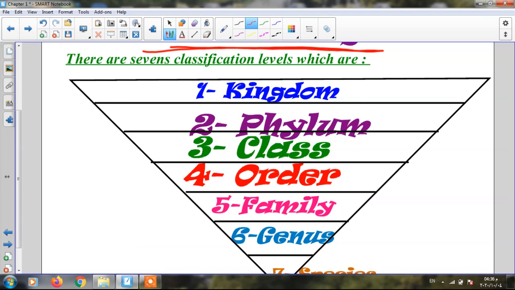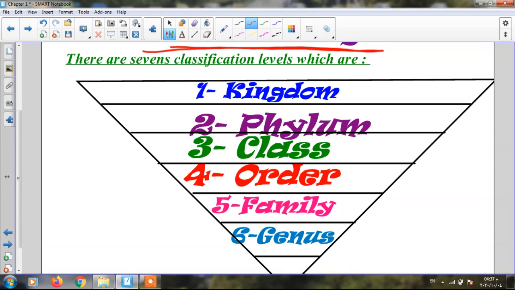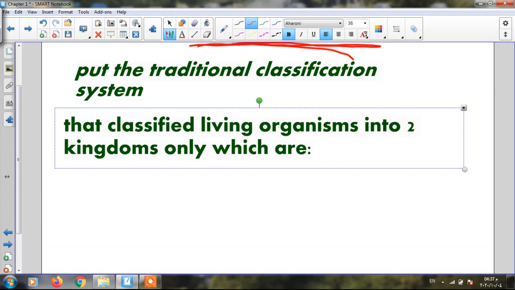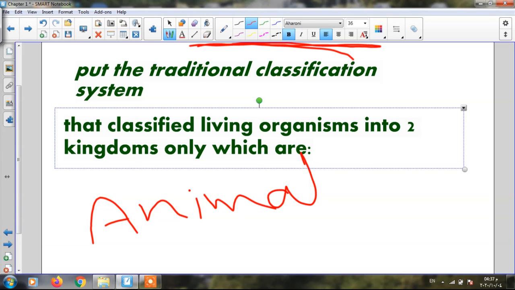From the attempts of scientists to classify living organisms, the attempt of the scientist called Carolus Linnaeus. He put a traditional classification system that classified living organisms into 2 kingdoms only, which are the animal kingdom and the plant kingdom.